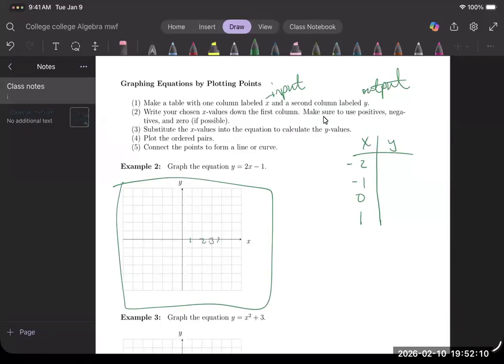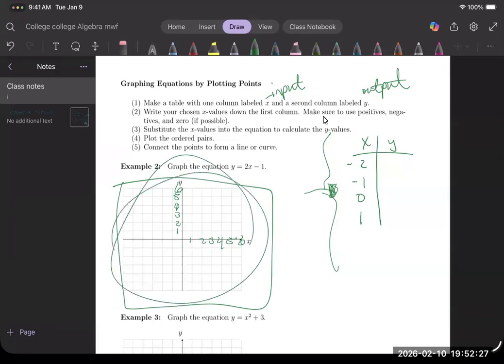This is a 6 by 6. So I would not go above and beyond negative or positive 6 in either direction, because your graph just doesn't accommodate for it.